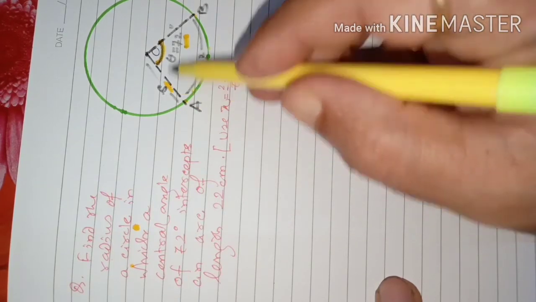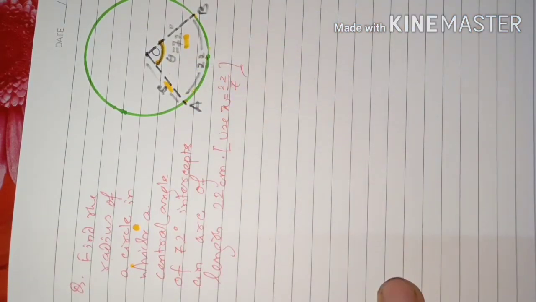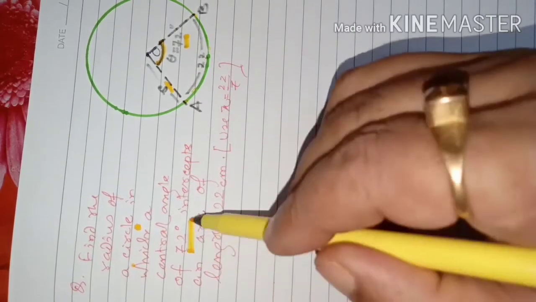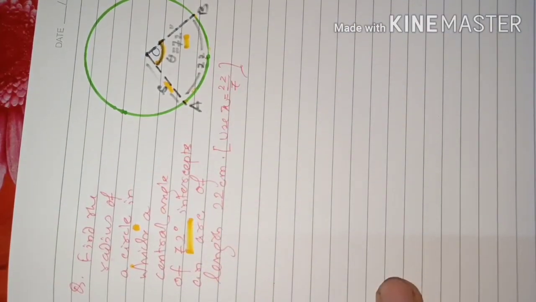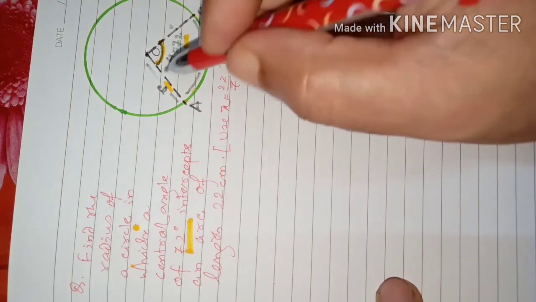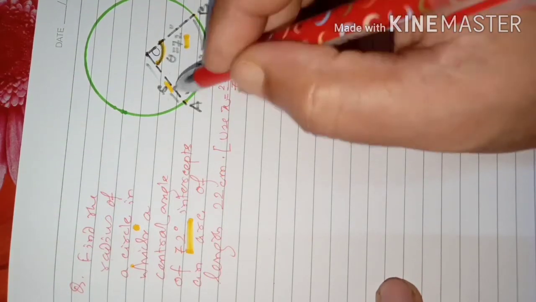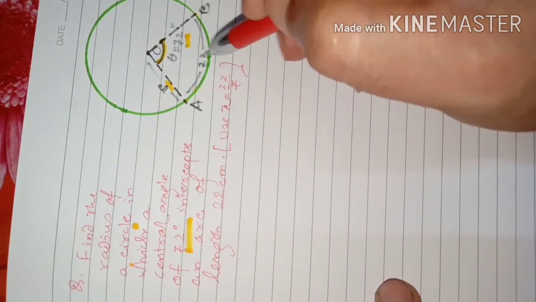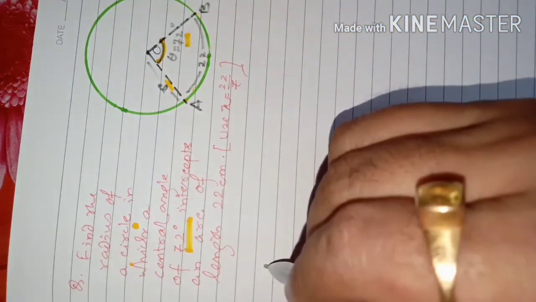What is the radius length? Angle is given, length of the arc is given, but angle is given in degree measure. You know the radian measure and the relation of radius, length of an arc, and radian measure of an angle.